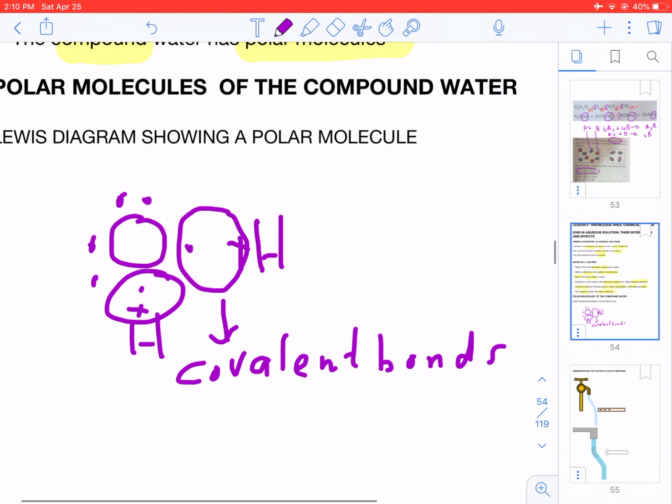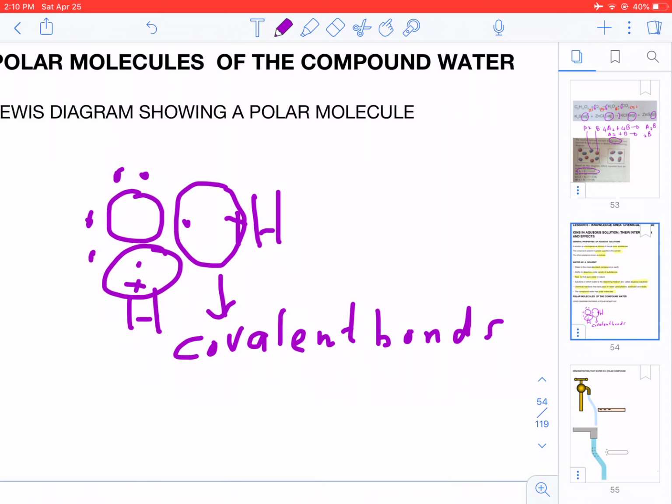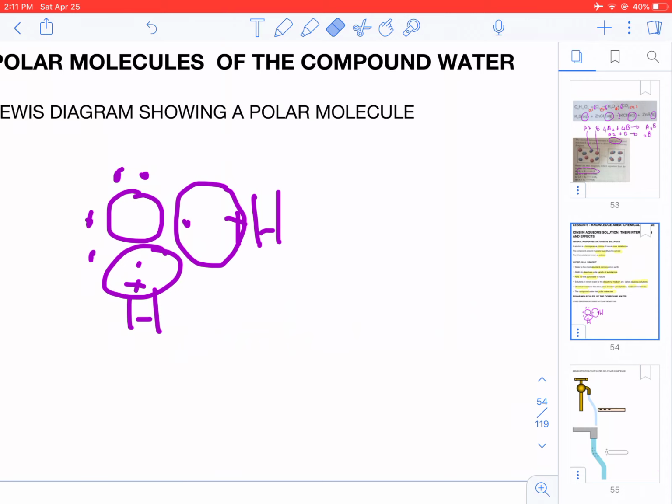So instead of writing the electrons, I will just represent this with oxygen there, and one line there indicates a shared pair of electrons, and here another shared pair of electrons, and then we obviously have our two non-bonding pairs.